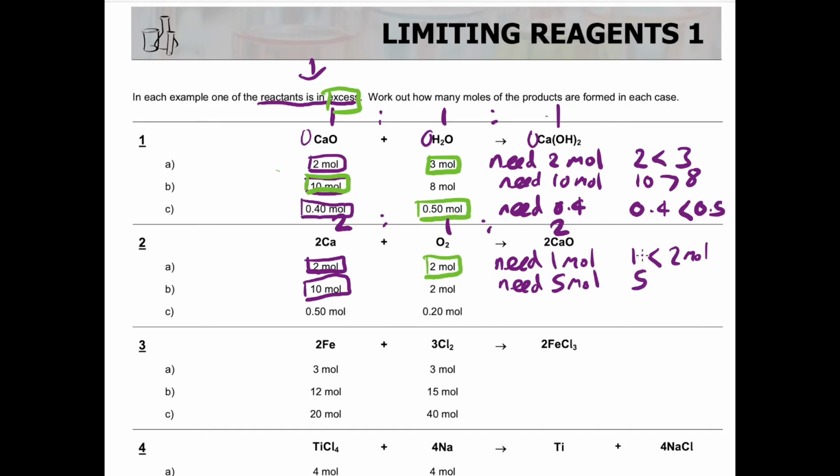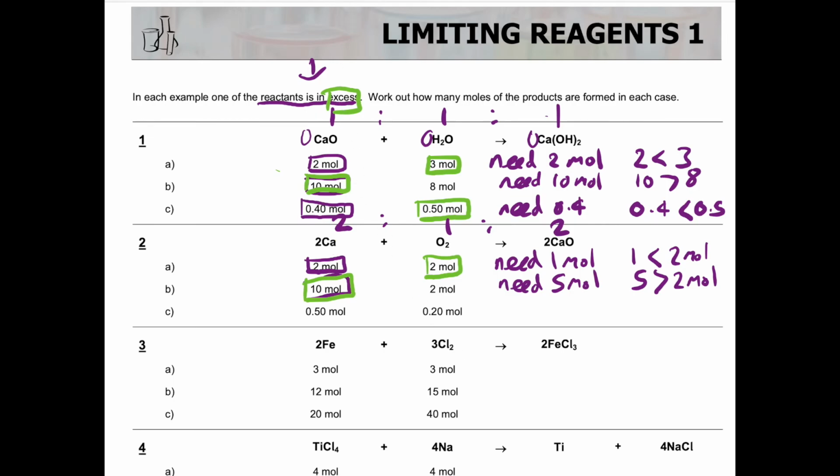And so comparing that 5 moles to what we have, we can see that that is more than 2 moles, so we need more than what we have, and therefore our oxygen is limiting and our calcium must therefore be in excess.